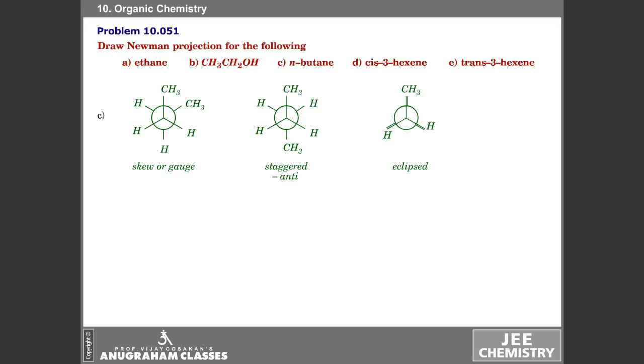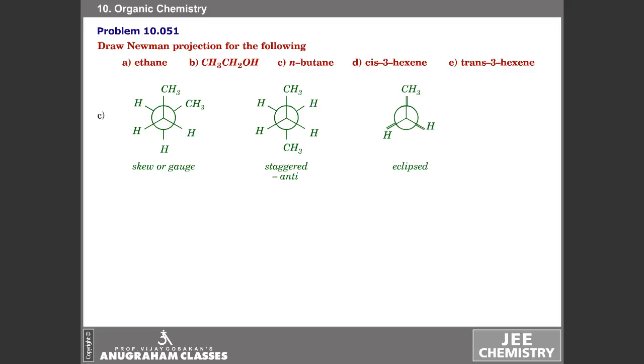But in the anti form, we find the two methyl groups are diagonally opposite, but both are staggered in the sense we are able to have view of the 3 carbon-hydrogen bonds of the front and the 3 bonds of the rear. In the eclipse, we have two arrangements where a methyl can be eclipsed by a methyl or a methyl can be eclipsed by a hydrogen.